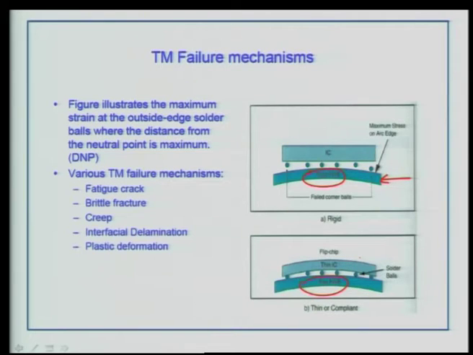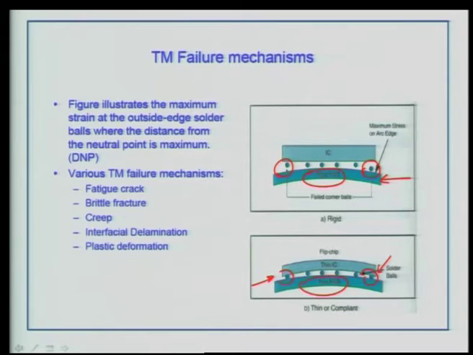Now, you are using a flip chip with a solder bump, and if you look at the temperature cycling for this system, you will see upon continuous thermal cycling or thermal load, there are stresses built upon the corner solder balls, and usually they can detach away. But in a flex PCB, because it is compliant with the thermal load, because the material is thin and flexible, the connections are not lost.